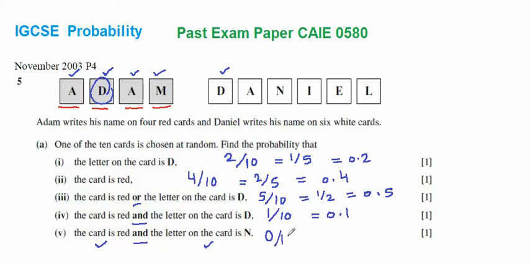So 0 out of 10, because the experiment is that one card is chosen out of these 10. The denominator will be 10. So the answer is 0. Remember, the experiment is very important in solving probability questions. In all these parts, the experiment was that one card from the 10 cards is chosen at random. That's why in every part you have seen the denominator is 10.